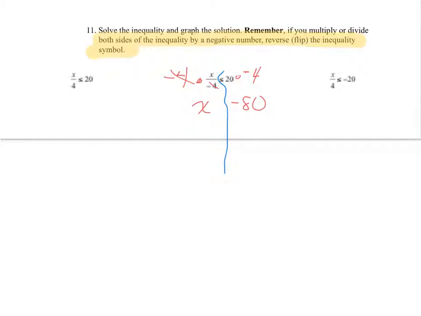I multiplied by a negative, that's what this is saying. If you multiply or divide by a negative, you have to flip or reverse the inequality. So instead of staying a less than, I have to make this a greater than or equal to. So that's my answer.